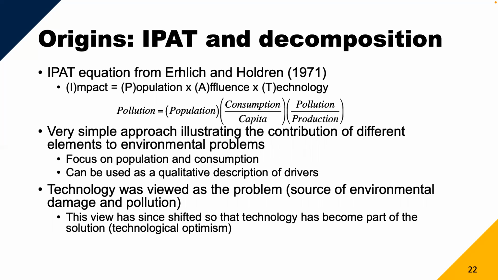This was prior to a lot of the fundamental concerns about greenhouse gases and climate change; they were thinking more about local air pollution. We can think about the population times the consumption per capita times the pollution per production of whatever set of goods that you're talking about.